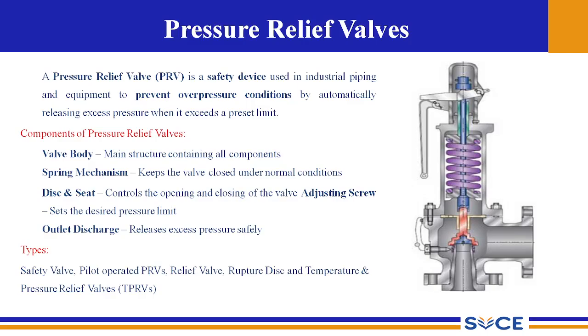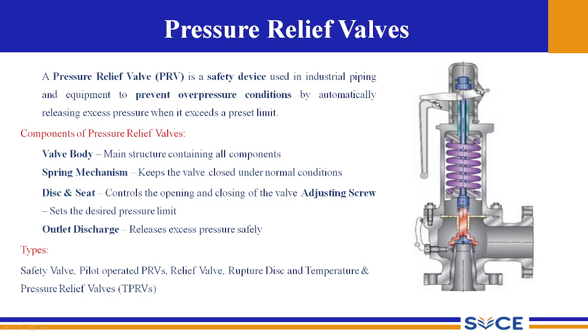Next type of final control element is the pressure relief valve. If you look at the construction of this pressure relief valve, there is a main body of the valve, which maintains the structure containing all the components, and there is a spring mechanism. We can see the spring in the purple color.